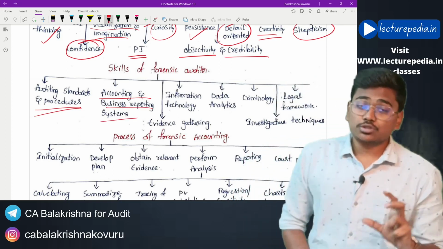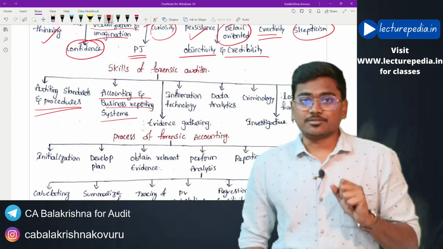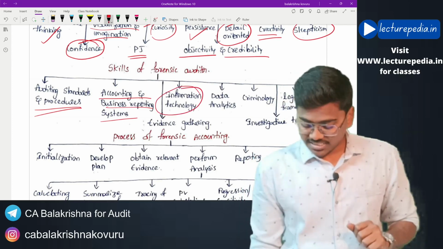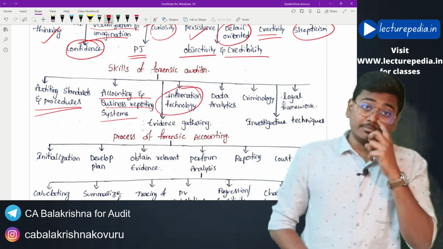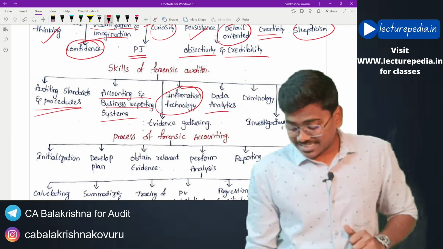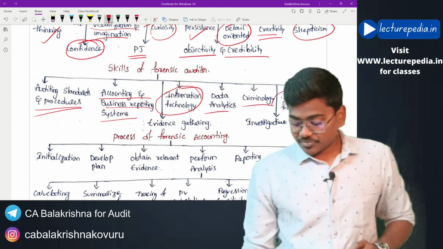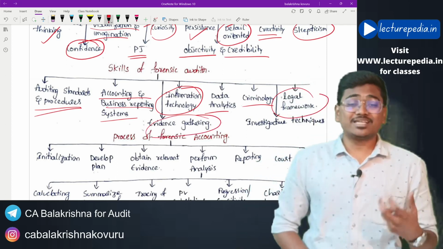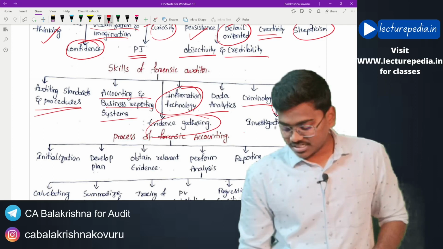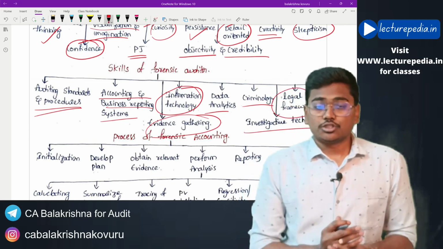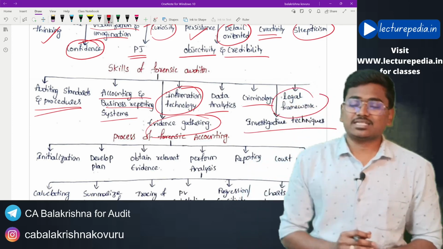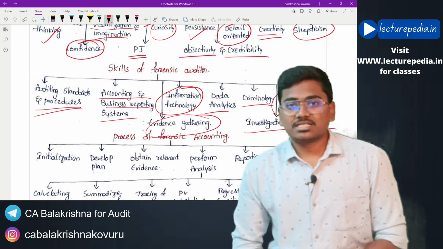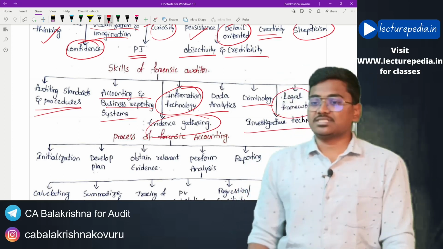And then he should also have knowledge related to information technology that is being used in the company, and data analytics, criminology, legal framework, evidence gathering. Okay, he should have the skill of gathering the evidence, and finally investigative techniques should be possessed by him. So these are certain skills that a forensic auditor has to possess.